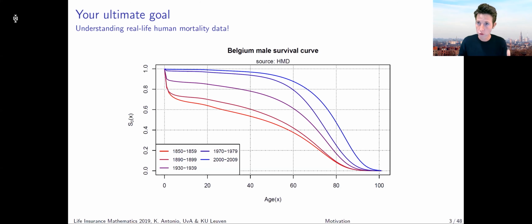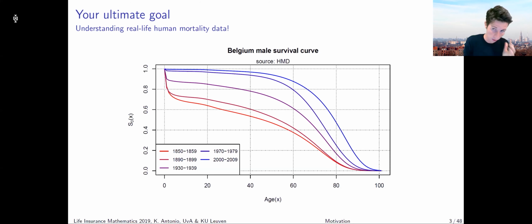It's a survival function, so you know from your course on probability theory that that function starts from 1 and decreases to 0.